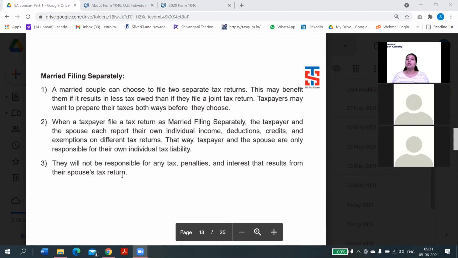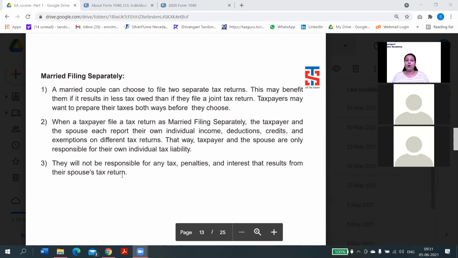So if the husband is earning somewhere around $1 million and the wife is earning only $10,000 to $12,000, there is a huge difference in the tax rates. So what is happening? Poor wife, even she will have to pay tax on her income at the higher tax bracket just because it is combined with the husband's.